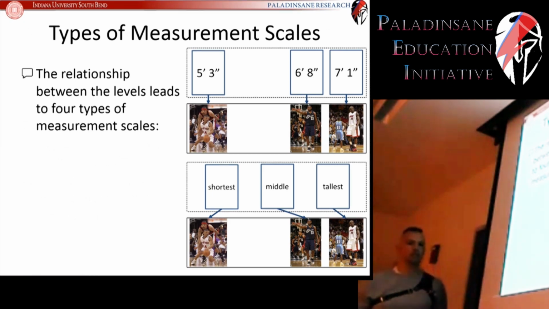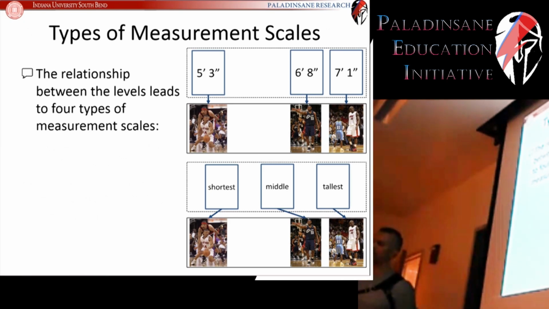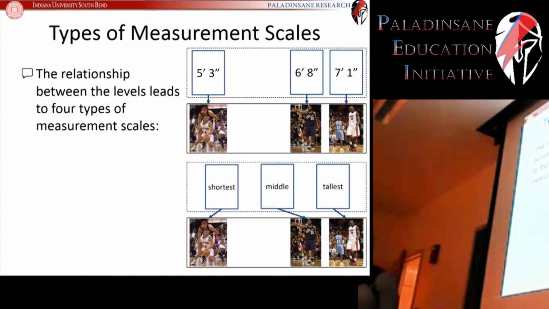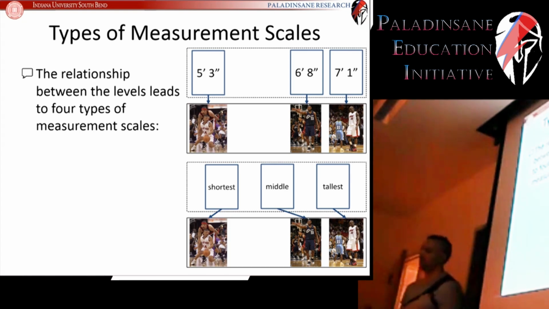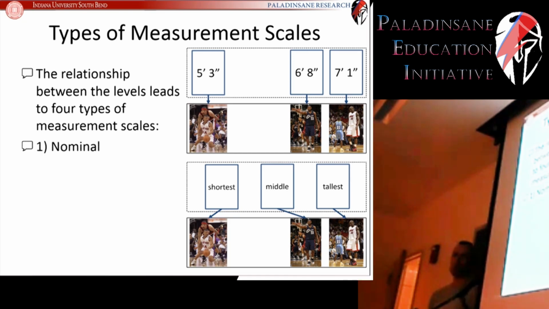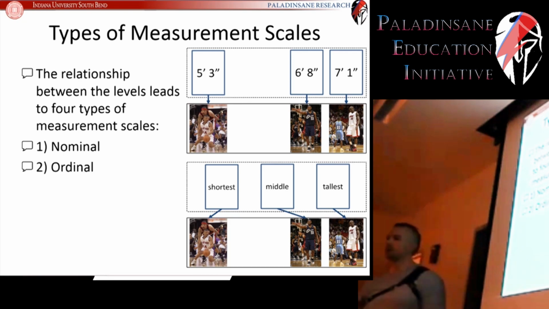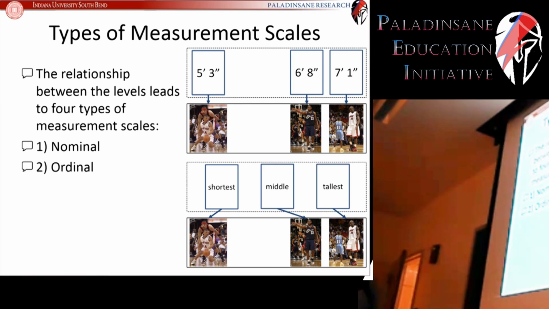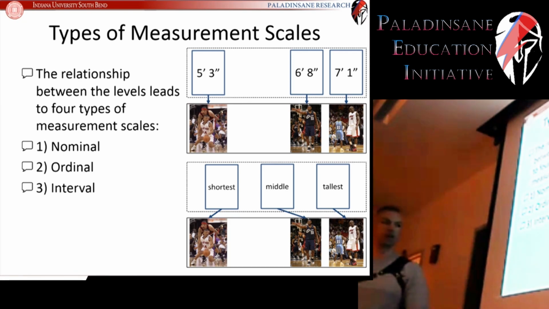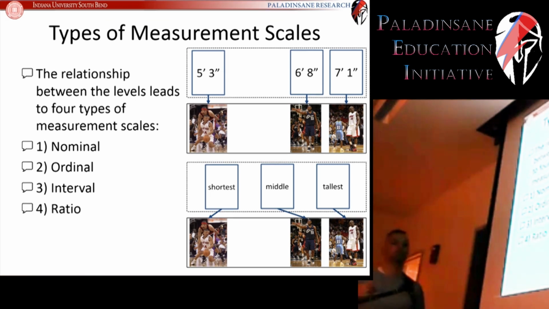That relationship between the scores leads to four basic types of measurement scales. Those four basic types, in increasing order of power, in increasing order of things that you can do with them, are the nominal scale, then the ordinal scale, followed by the interval scale, and then the top of the line, the best scale, the ratio scale.